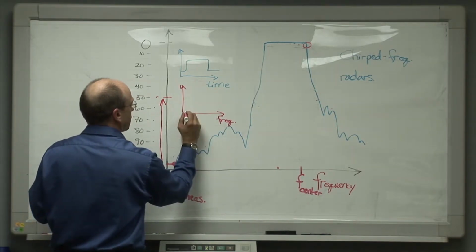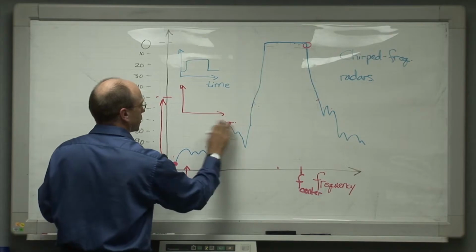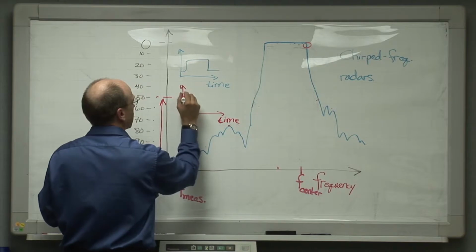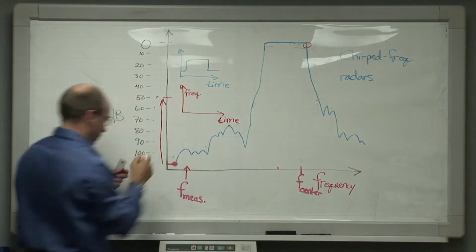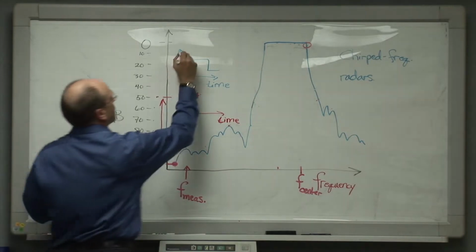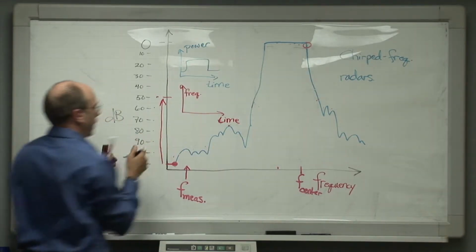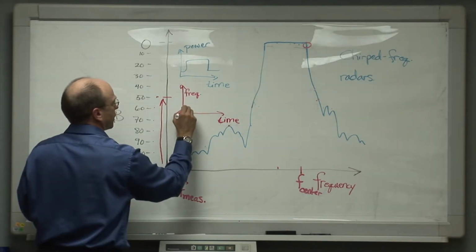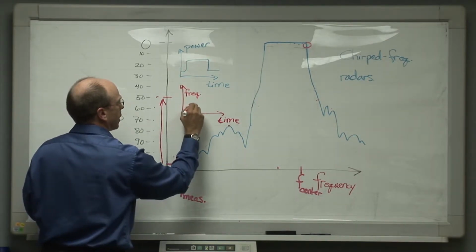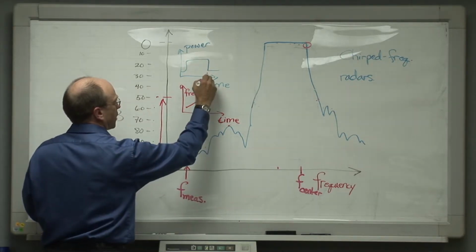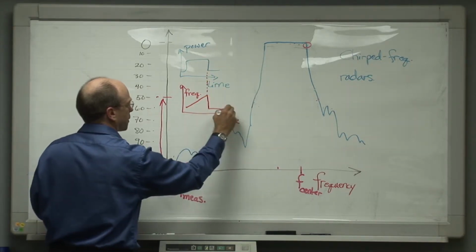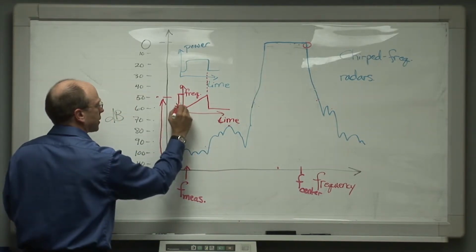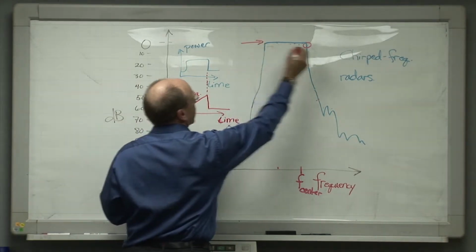Here's time again, frequency versus time and power on this little display. What happens here is when the radar pulse turns on at this point in time, it starts at some low frequency and then the frequency increases right up to this point in time when the pulse turns off, and then it switches off like that. So it sweeps across this frequency range here on this diagram, which corresponds to this frequency range when we look at the spectrum.